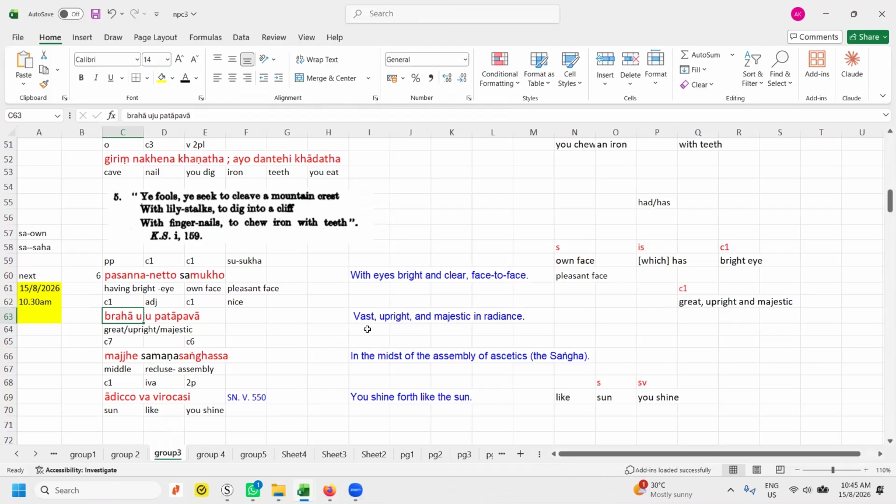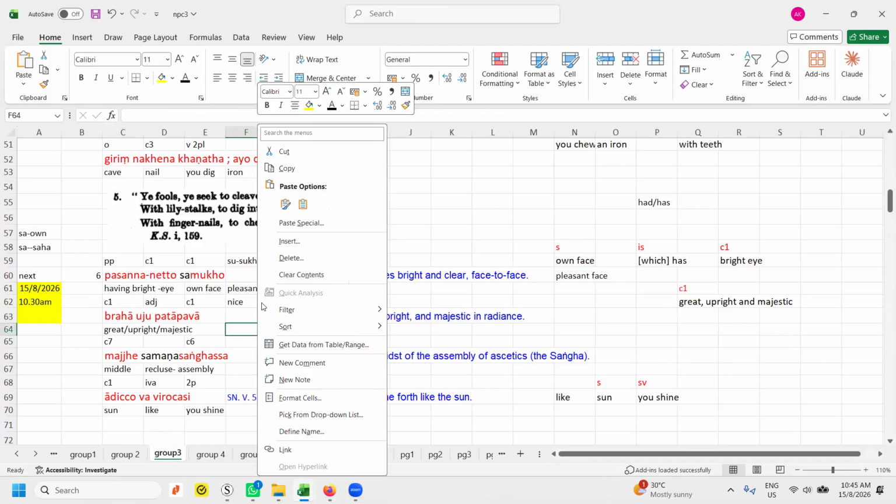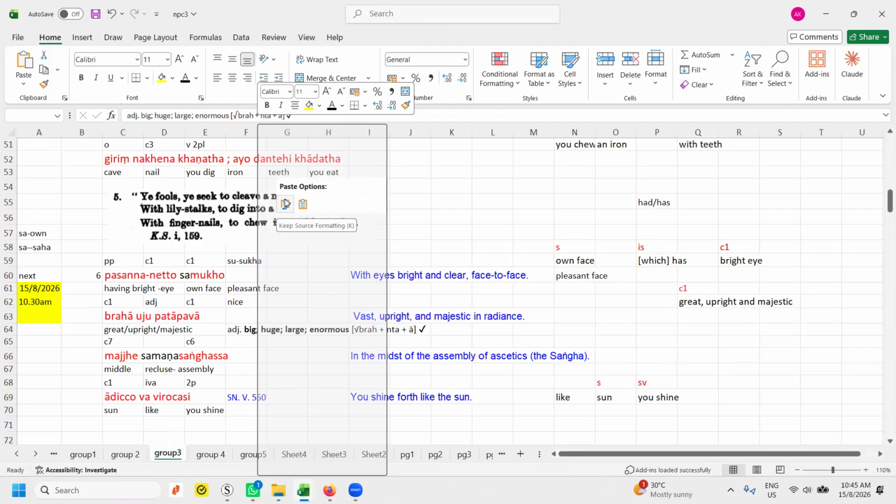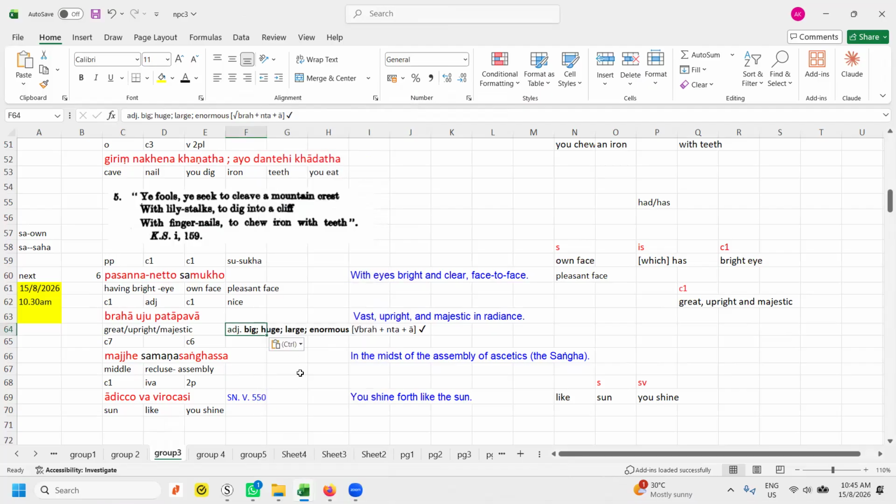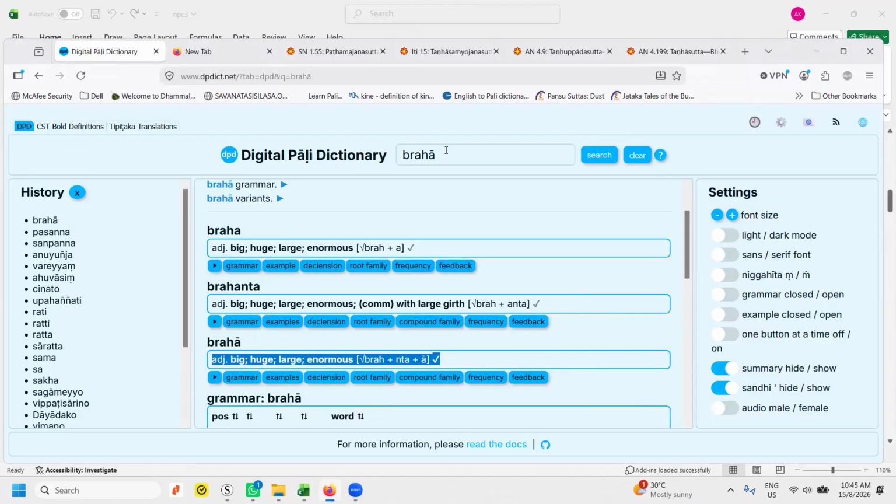I put it here, because otherwise there is no space. Uju means straight or upright. So we will not search on that; we will just search on the other words that we don't know.